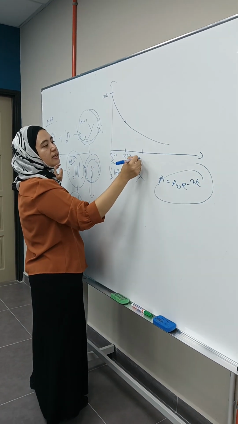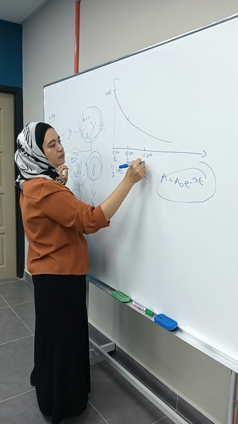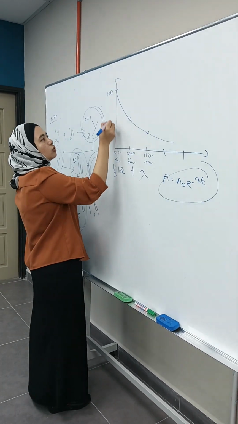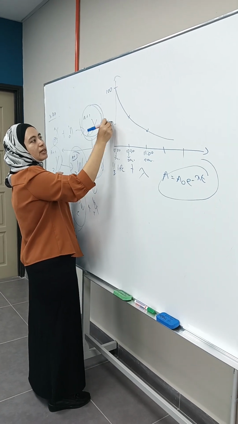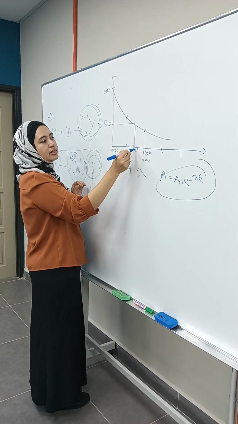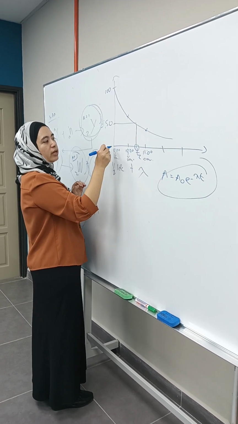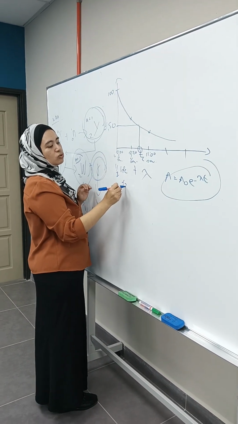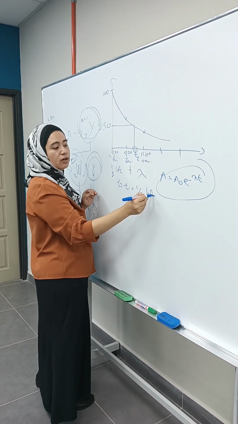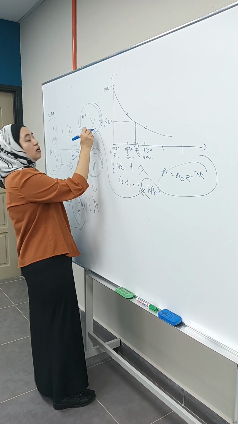And then at 11, you observe it for another 2 minutes, and so on. So you go up until the count is 50, to find the times T2 and T1. T2 minus T1 will be the half-life of your unknown sample Y.